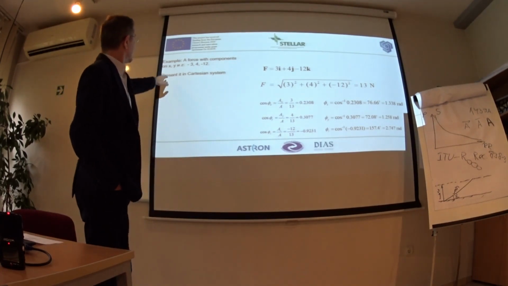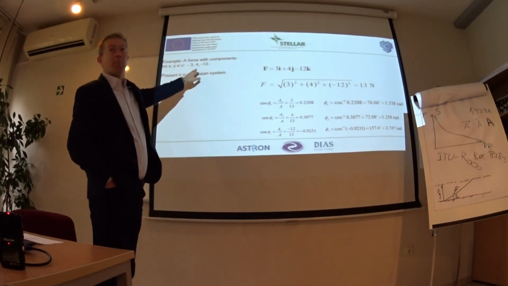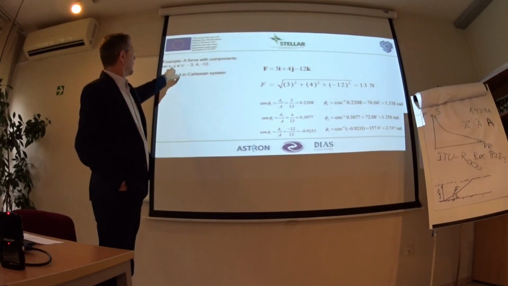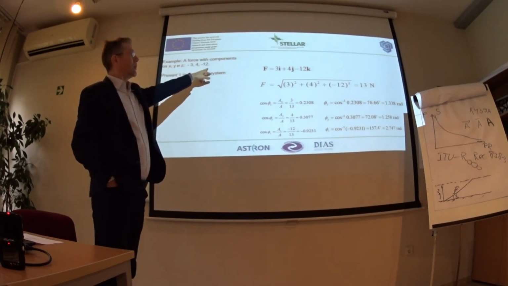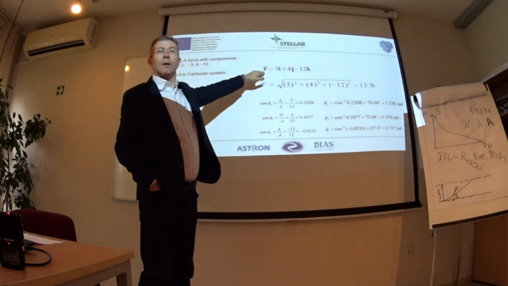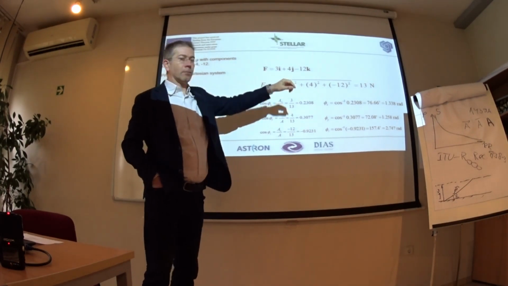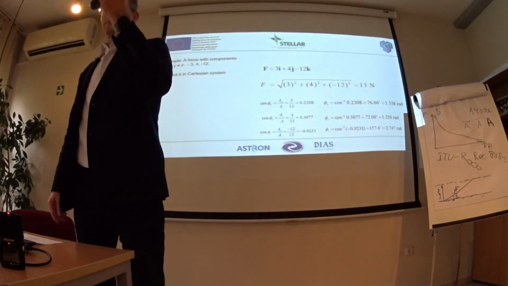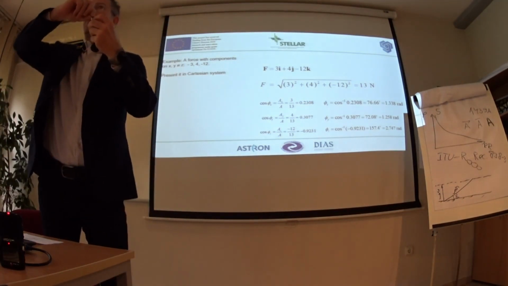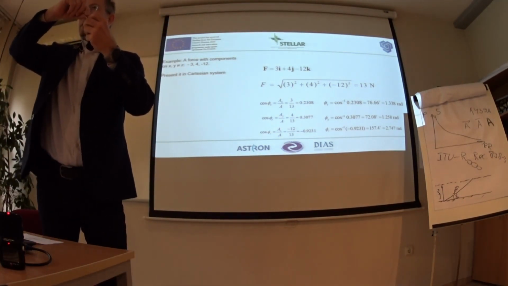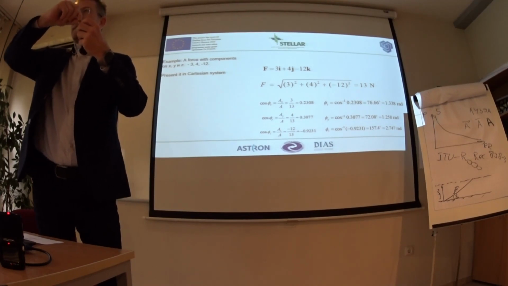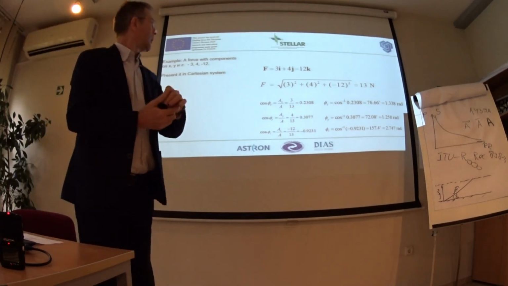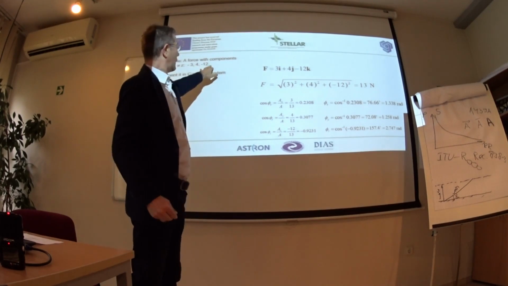A force exerted on a point with components on x, y, and z, minus 3, 4, and minus 12. We describe the force as a vector. For instance, we have a point and we simply pull it in a specific coordinate system. If we pull it, we have these components on x, y, and z.